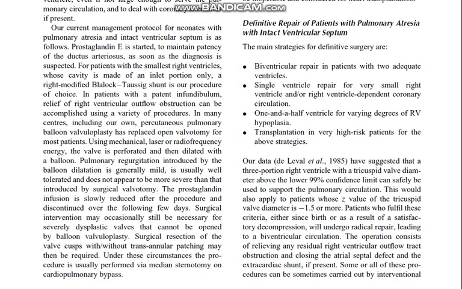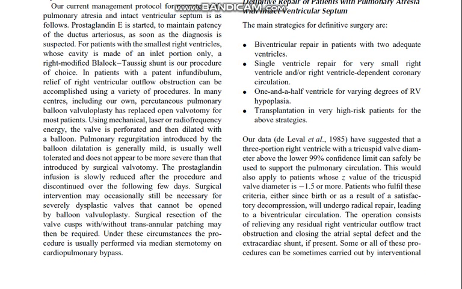Surgical intervention may occasionally still be necessary for severely dysplastic valves that cannot be opened by balloon valvuloplasty. Surgical resection of the valve cusps without transannular patching may then be required. Under these circumstances, the procedure is usually performed with median sternotomy on cardiopulmonary bypass.